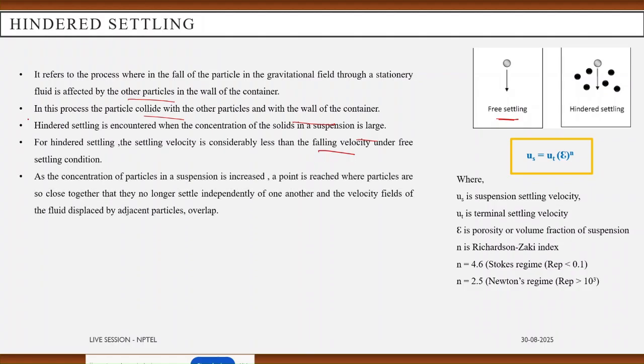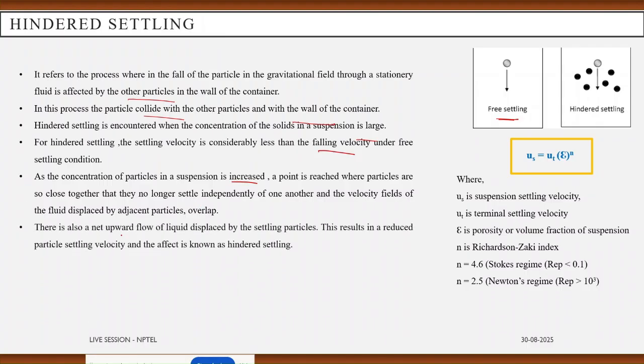As the concentration of the particles in the suspension is increased, a point is reached where the particles are so close to each other that they no longer settle independently, and the velocity fields of the fluid displaced by adjacent particles overlap. There is also a net upward flow of the liquid which is displaced by the settling of the particles, by Archimedes law.